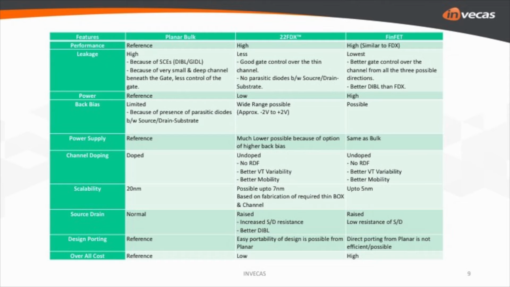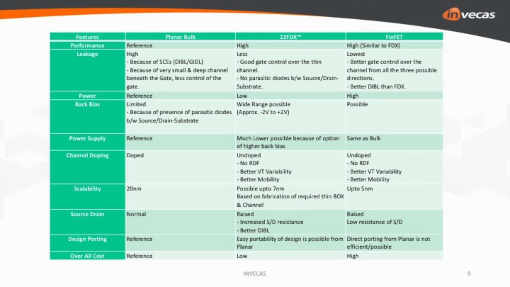That's one of the features of FinFET, which can be compensated if you look at the power. So planar bulk being the reference again, power is pretty low when you compare 22FDX with FinFETs, where it has high power.